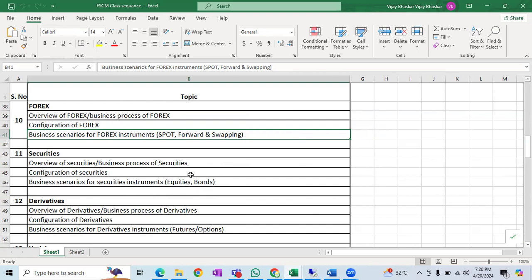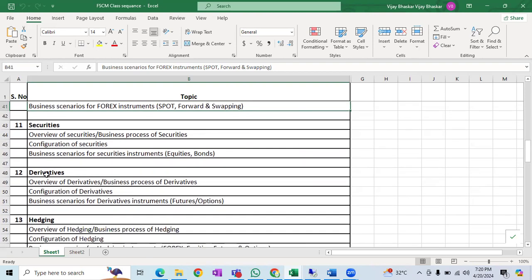There will be fixed interest rate bonds, variable interest rate bonds. There are a number of product types available, but similar to bonds only. Mutual funds also will be part of securities only.